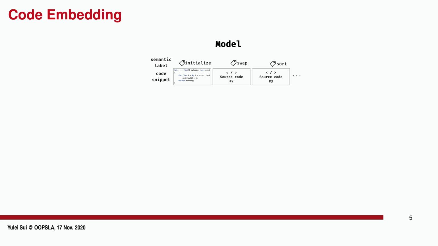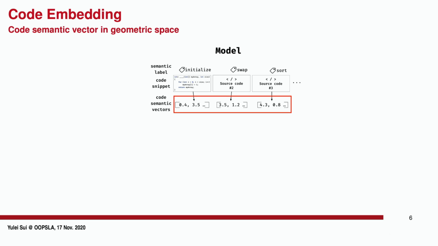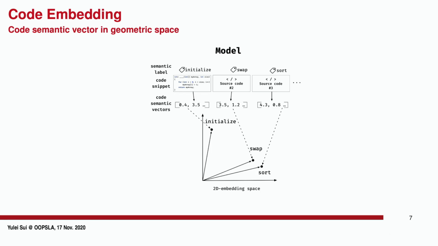The basic idea for code embedding is to train a model to learn the label distribution conditioned on the code. This is done by mapping the semantic meaning of a code fragment to a numerical vector representation, or so-called distributed representation, in a geometric space or embedding space, such that the distance between any two node vectors captures the semantic relation between two code fragments.